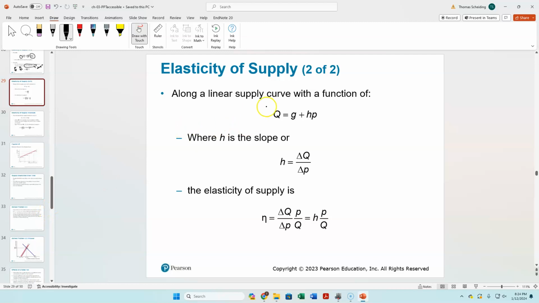Here, what we're seeing is that along a supply curve, we could also talk about the elasticity of supply, whereas we did for price elasticity of demand.